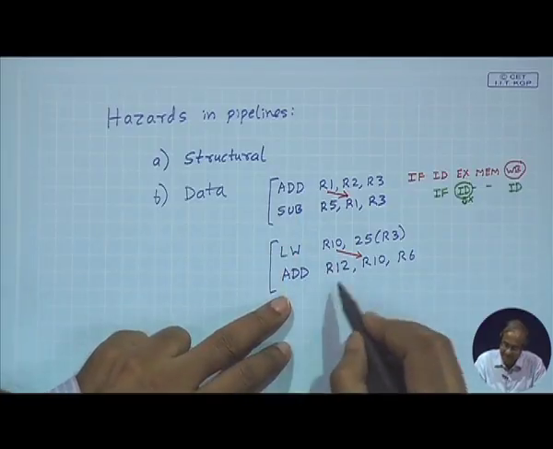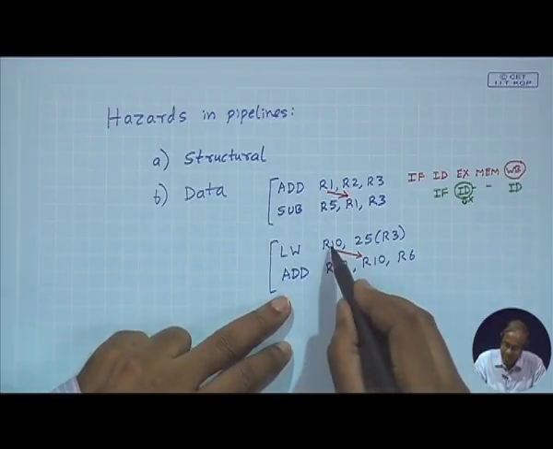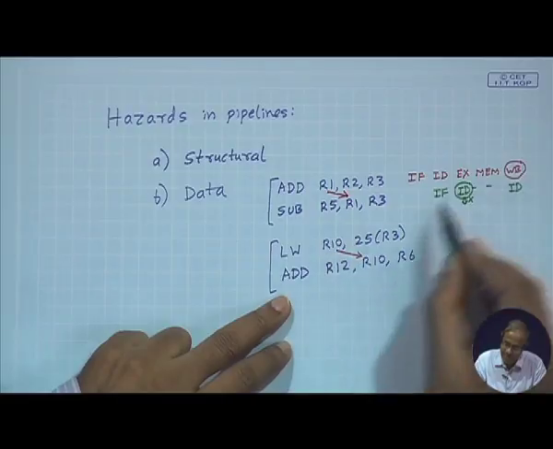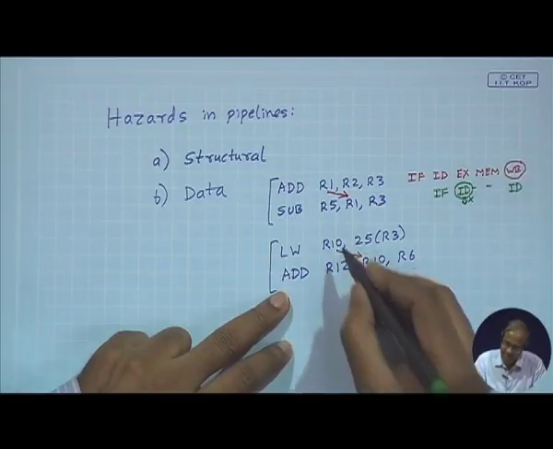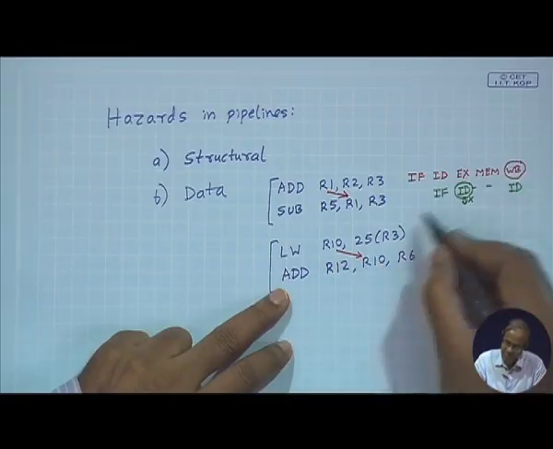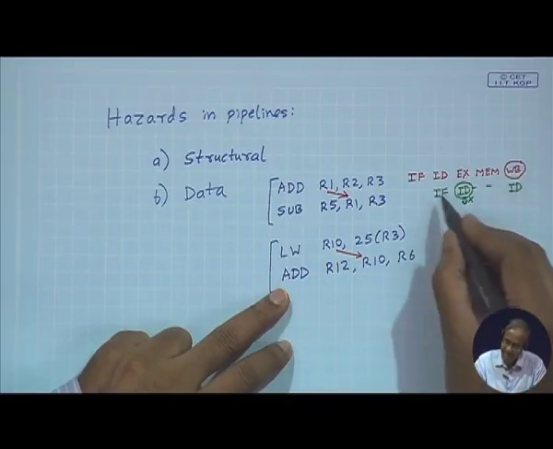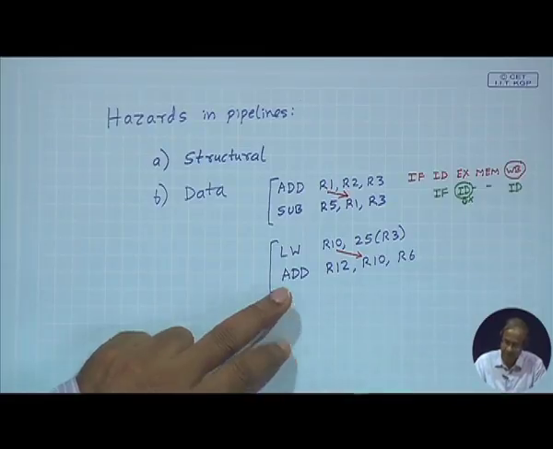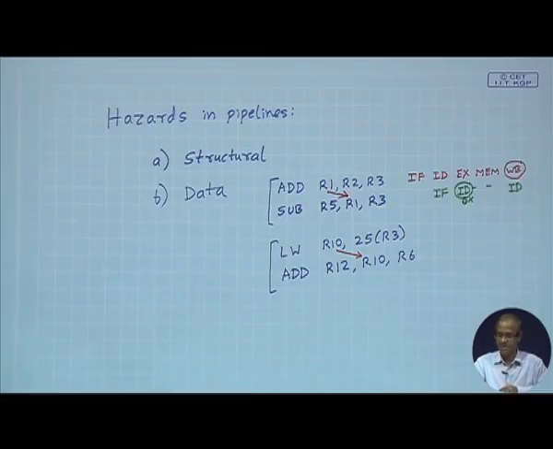Same is the case here, you are loading a value from memory, this will be done only in the mem stage, and in the next instruction you are using that value R10. Again R10 will be written in WB, and something similar will happen. There are methods to reduce the impact of this kind of hazard, like data forwarding and other things, but this is something you have to remember.